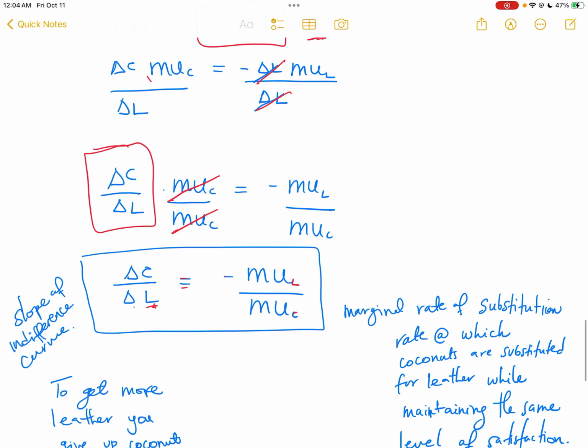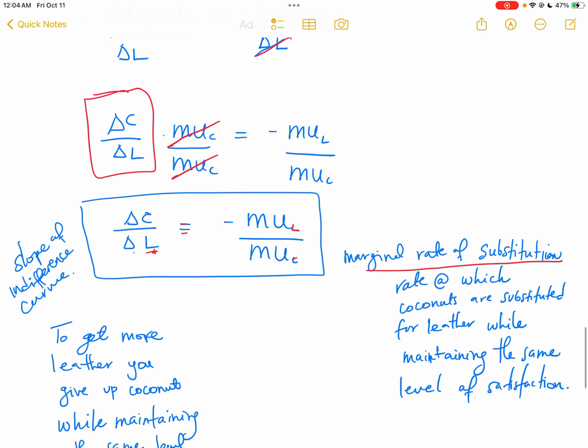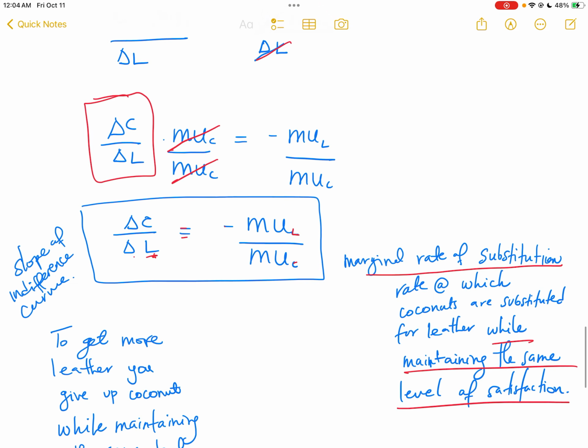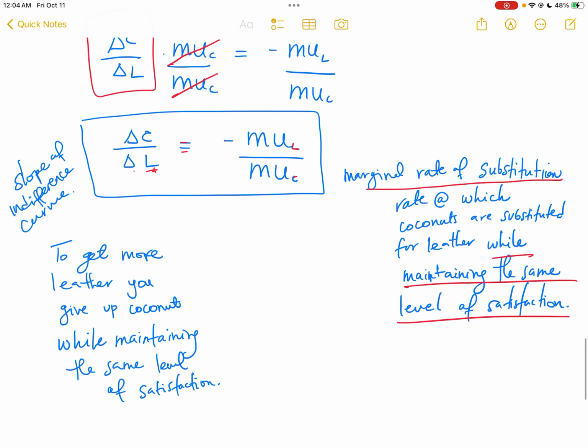And this, or the absolute value of this, is the marginal rate of substitution, the rate at which coconuts are substituted for leather while maintaining the same level of satisfaction. Remember, when we jumped from bundle V to bundle W, the level of satisfaction didn't change, right? So that is an important part of this. Otherwise, we will not be able to get this stuff out here.